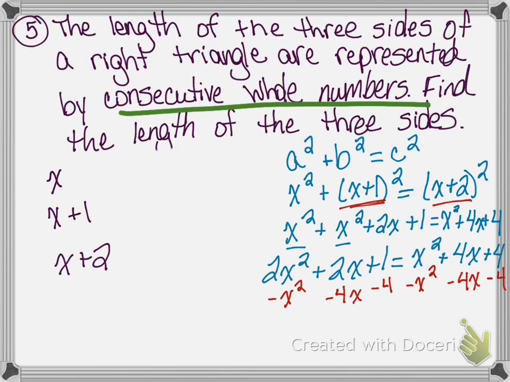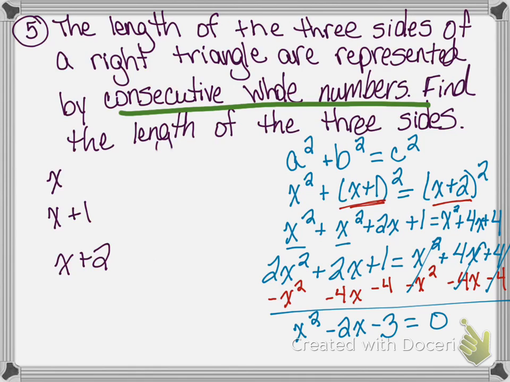Okay. So over here, everything's gone. And what am I left with? 0. 2x squared minus x squared, I'm left with x squared. So that should make us happy. Okay? 2x minus 4x leaves us with negative 2x. 1 minus 4 leaves us with negative 3.